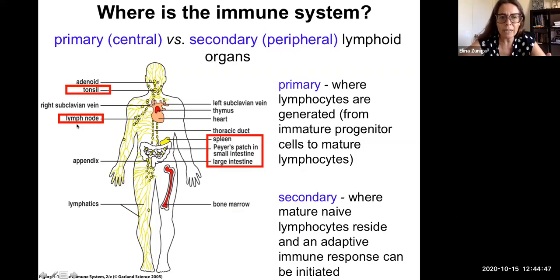And here I have highlighted some of the secondary lymphoid organs, like, for example, the lymph nodes, and we will look at their structure, the spleen, the Peyer's patches that are part of the gut-associated lymphoid tissue that we will learn about today, and the tonsils that, you know, many times we have to remove, but basically they are secondary lymphoid tissues.